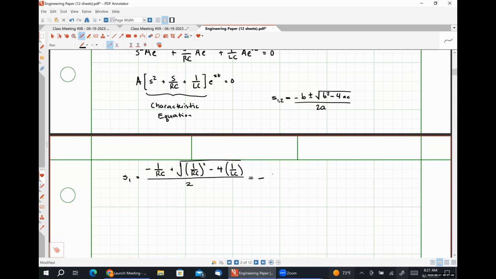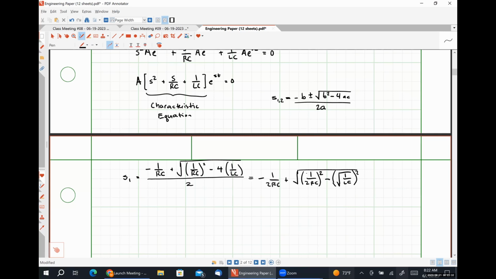So this is going to become negative 1 over twice RC plus the square root of 1 over twice RC squared minus, and I'm going to do something a little bit fancy here, the square root of 1 over LC quantity squared. So that's what things are going to look like when I move that 2 from my denominator into the numerator.